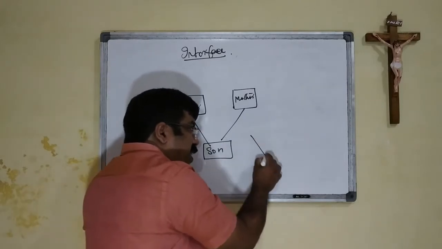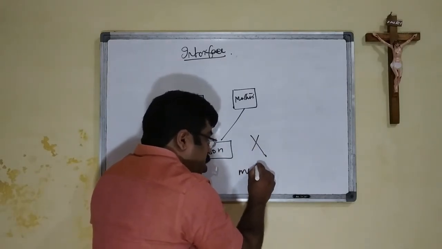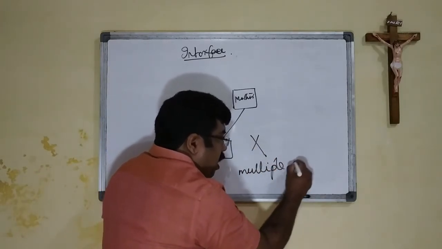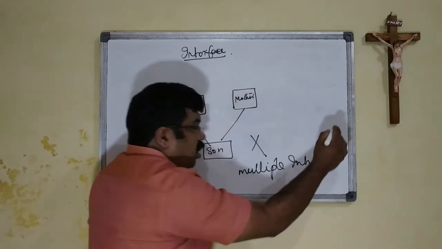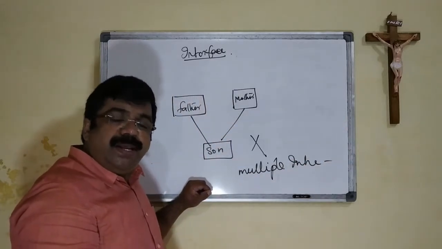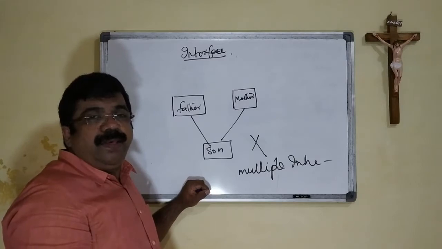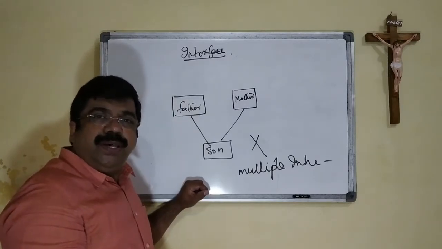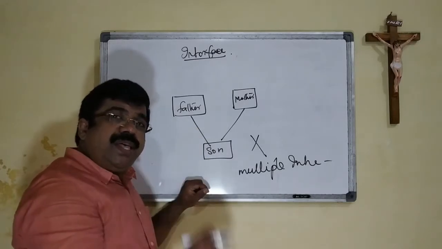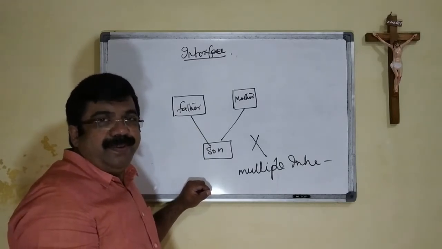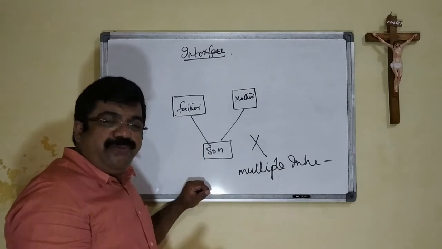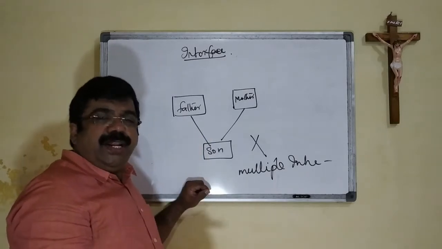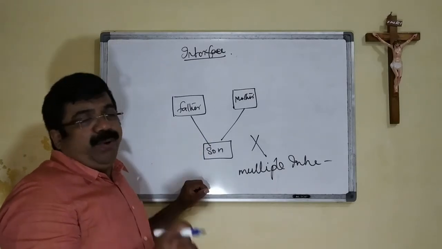This kind of inheritance, which is known as multiple inheritance, is not supported in Java. So we are going for interfaces. Interfaces can do the same. Let us see what an interface is, and a detailed study with the help of a program.